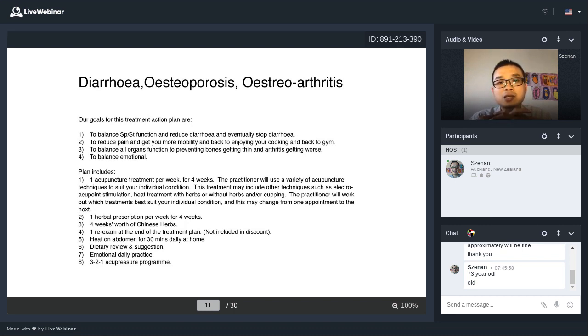That means we are better off explaining to the patient and giving them a treatment plan. Patients are so pleased to have a treatment plan, rather than coming in and going away and coming in and keep asking, how many treatments do you think I need?